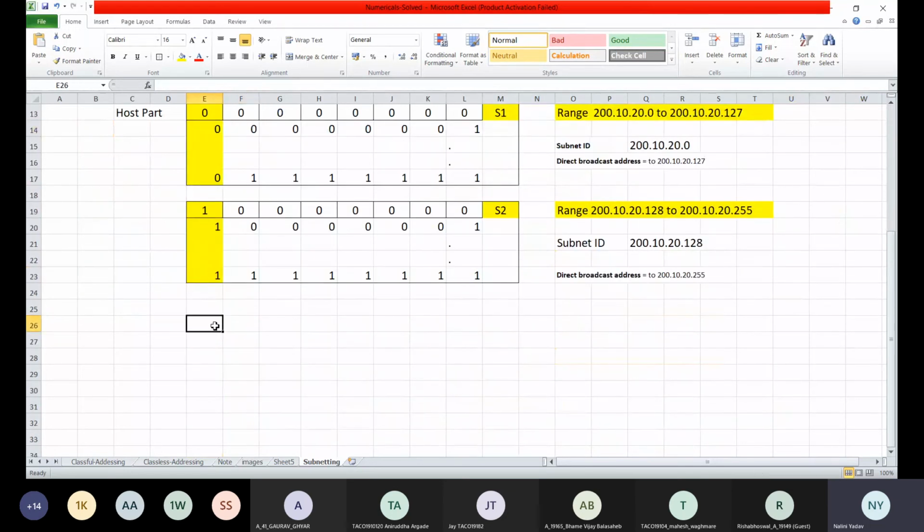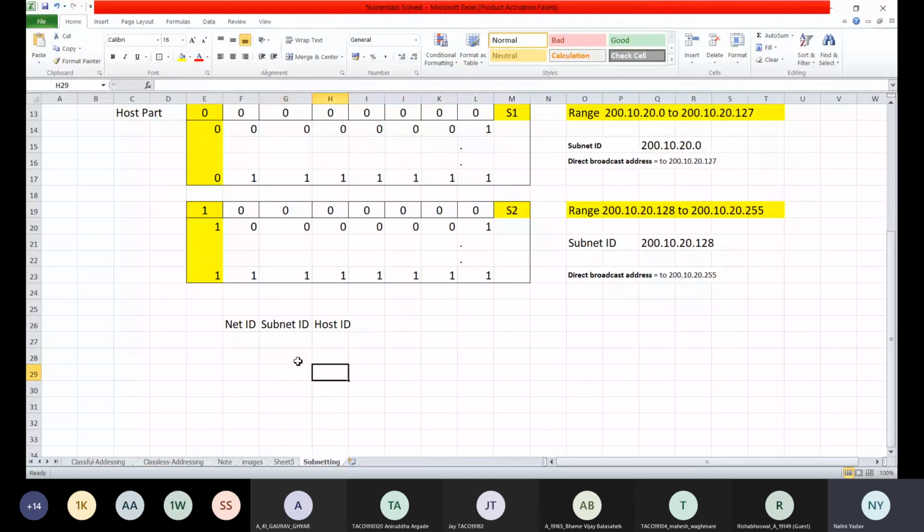So now my default mask will be divided as follows: this will be my network ID, then I have the subnet ID, and then I have the host ID. Like this, we are dividing our complete address when we go with subnetting. The first part is our network ID, then we have the subnet ID and host ID.